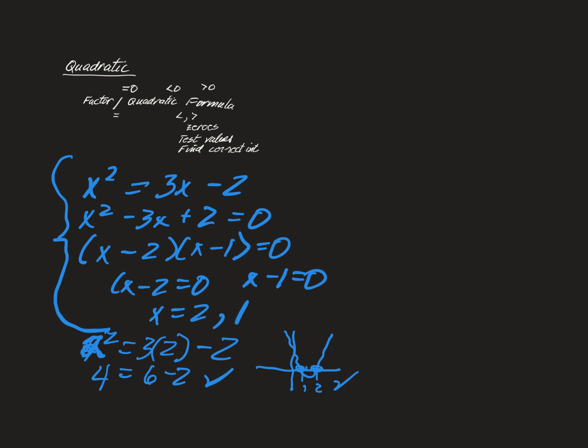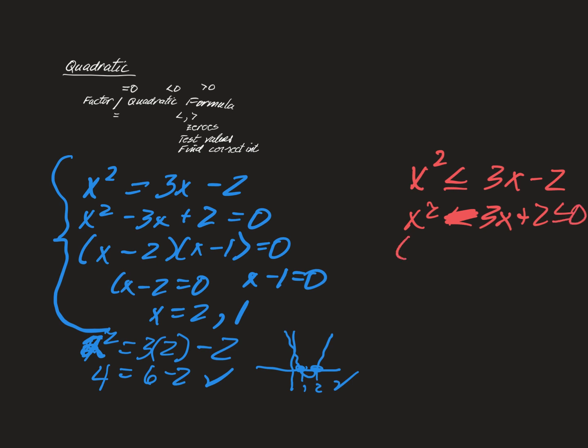Okay, let's switch this over to an inequality really quickly. If I switch it to an inequality, then I have something like this: x squared is less than or equal to 3x minus 2. In the same way, I've got to get that to 0. So x squared minus 3x plus 2 is less than or equal to 0.